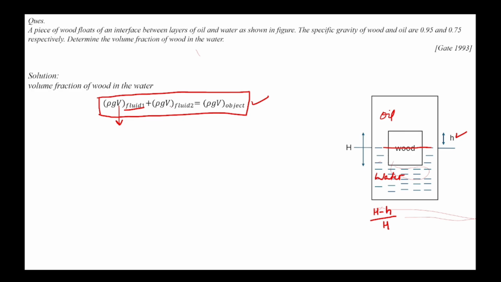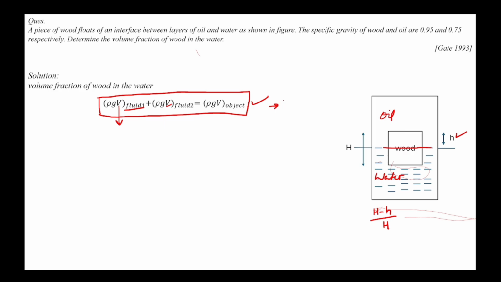So volume of the object in fluid 1, volume of the object in fluid 2, and the total volume of the object. This equation applies to all objects, whether it is wood, stone, any kind of thing floating between two layers. Learn it directly.